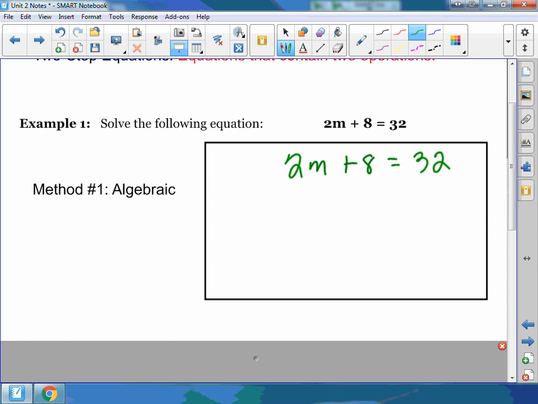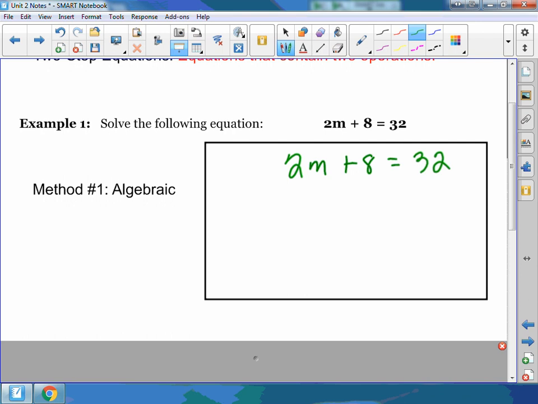So we want to do the opposite of what's happening, or the inverse of what's happening currently, right? So 2m is being added to 8, or 8 is being added to 2m, however we view it. What would I do as the opposite of adding 8? We're going to take away 8, and that's exactly what we're going to do.